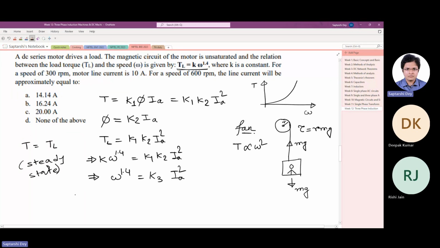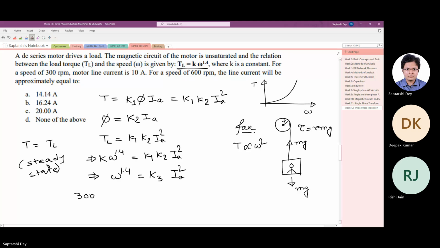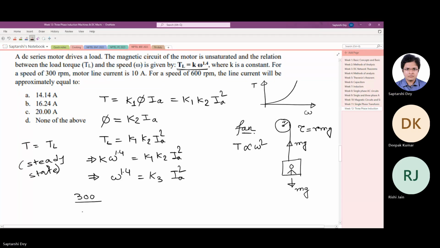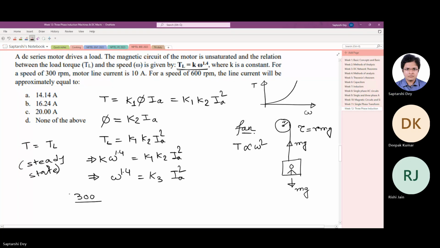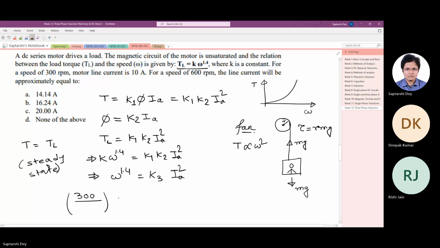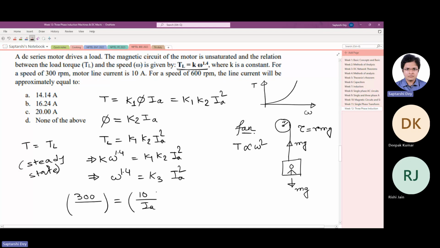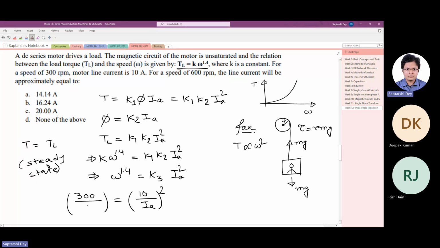So for a 300 rpm the current is 10 ampere. So how much it is for 600 rpm?